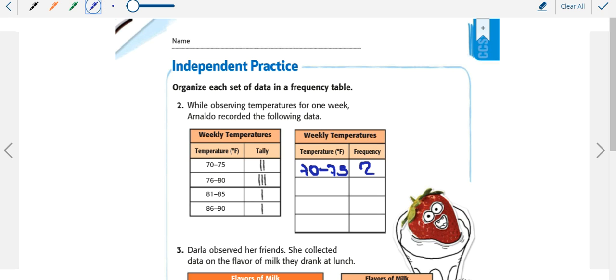So you write 2. For 76 to 80, you write 3. Here you have to write the temperature. For 81 through 85, you write 1. From 86 to 90, you write 1, okay? Here you have to complete with these temperatures, okay?